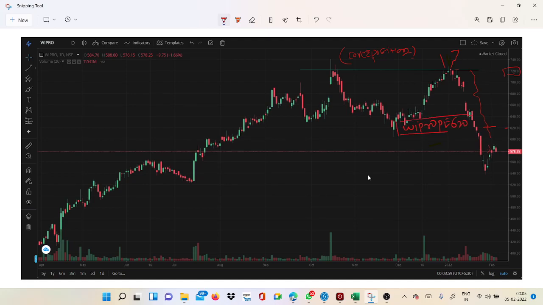So if this breaks, and once it breaks, you will have a big amount of profit in your pocket. And if this happens before the expiry, then there are very high chances to multiply the premium, whatever premium you have paid.